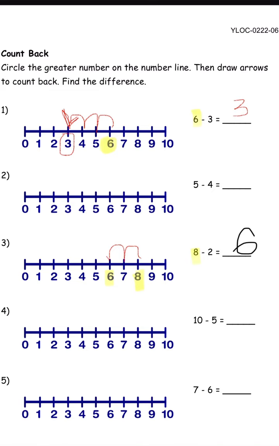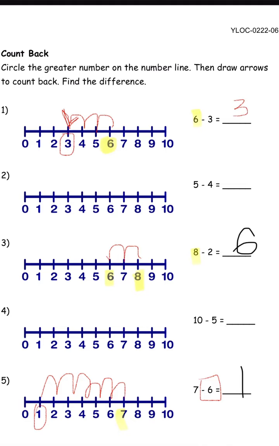We're going to do number 5. 7 minus 6. So we start with 7 and we go back 6. So we do 1, 2, 3, 4, 5, 6. That would help us end up with 1. So the answer would be 1.